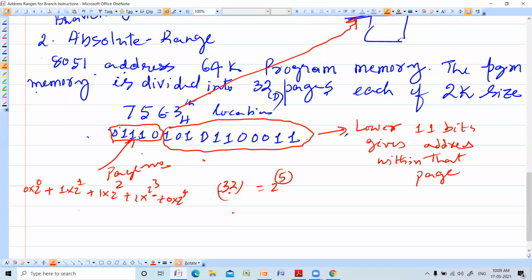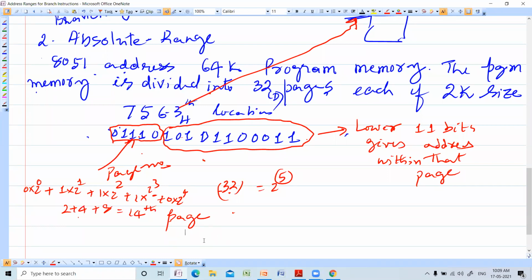Very interesting. So now it is 2 plus 4 plus 8. So that means it is 14th page. Just see, this is 14th page. 7563 falls in 14th page.